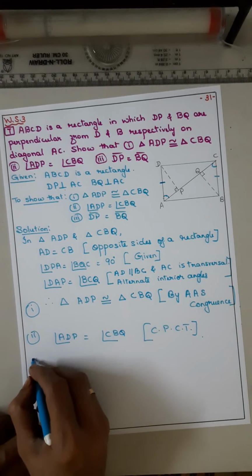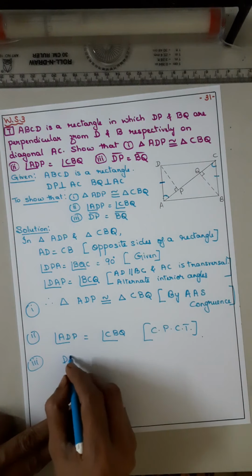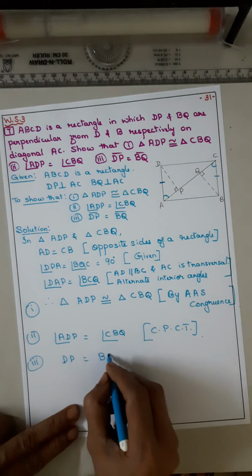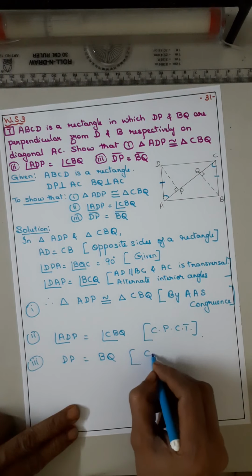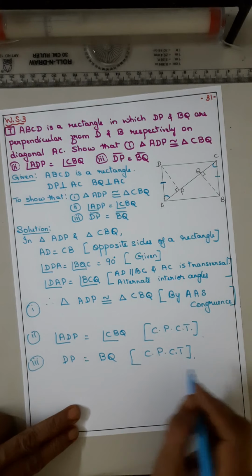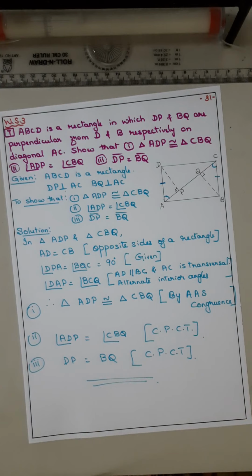Now third, DP is equal to BQ. Again it is CPCT, corresponding parts of congruent triangles.